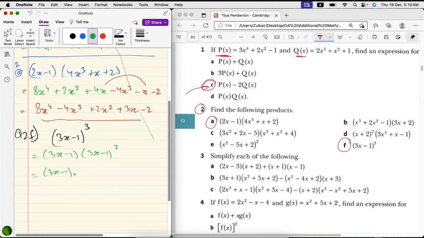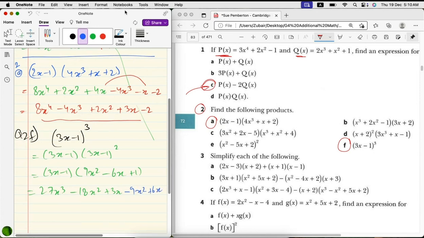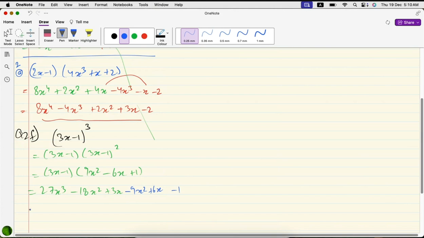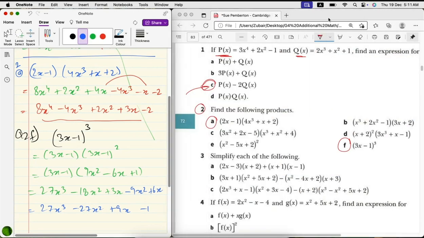So that's (3x minus 1) squared, a squared minus 2ab plus b squared. 27x cubed minus 3 times 6, 18x squared, plus 3x, and with minus 1 all the signs change, plus 6x minus 1. So 27x cubed minus 27x squared plus 9x minus 1. Are we getting the same answer? Yes. Okay.